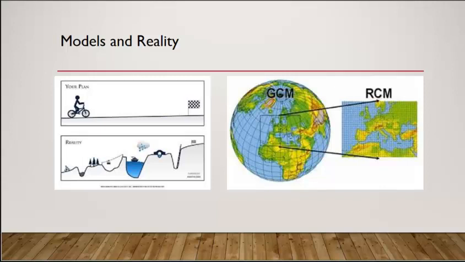So here is an illustration of some models. There is a bicycle race. The bicyclist is trying to get to a place, and so the model just puts the path as a straight line, but the reality is that the path is rather complex. There are valleys and jungles and lakes in the middle and so on.